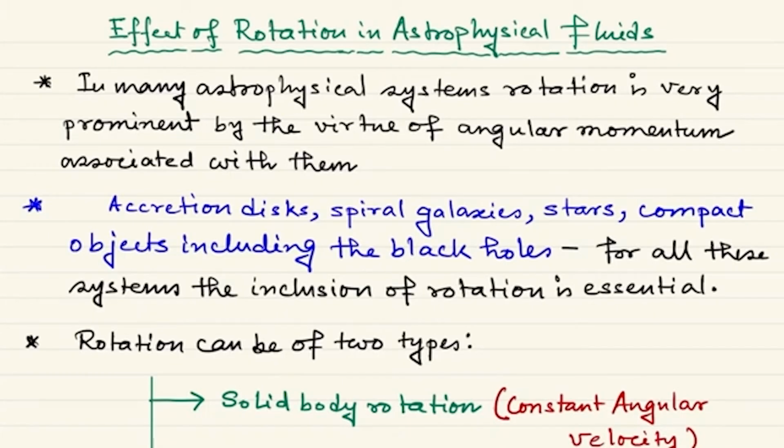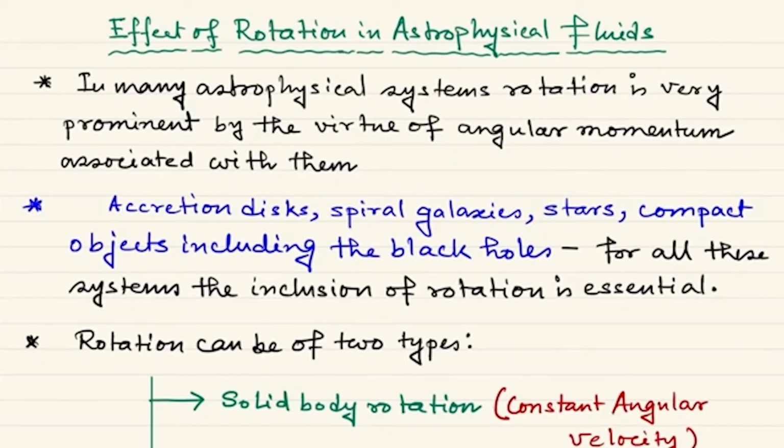Now, what are the typical astrophysical systems where we can see clear evidence of rotation? First, we have already discussed accretion disks. Then, on a larger scale, we have spiral galaxies.